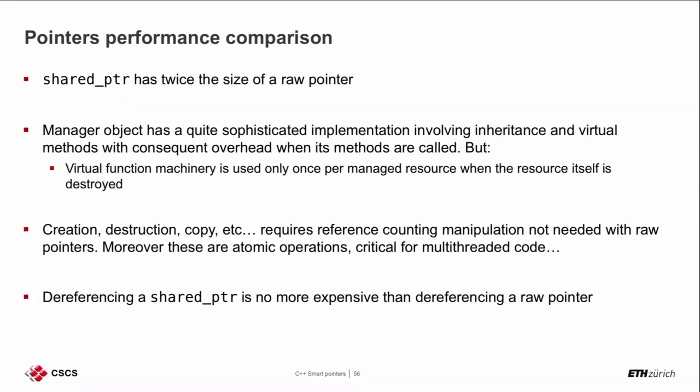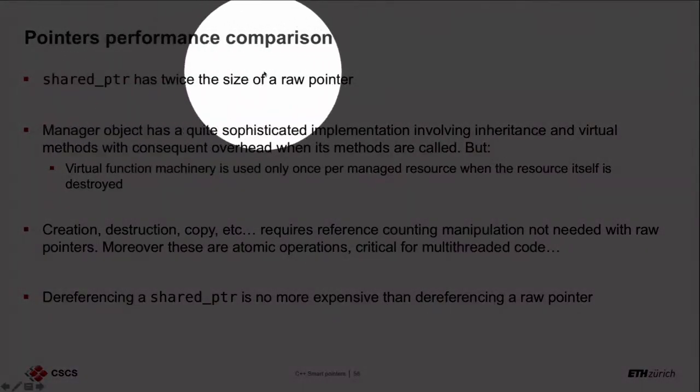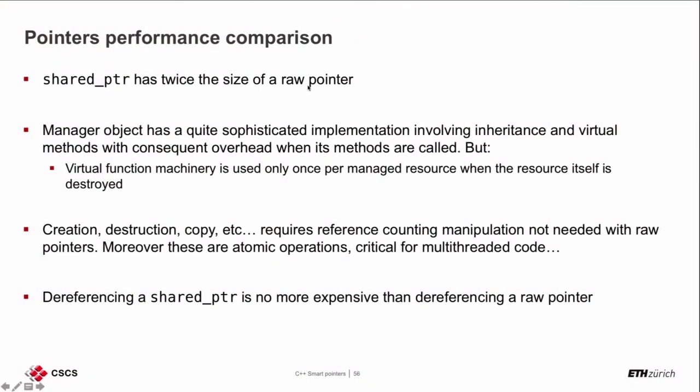But still, of course, this object has twice the size of a standard raw pointer, because you have the memory location on the heap plus the resource manager. This resource manager that I tried to describe with my super easy sketch actually has some complication in terms of virtual function and inheritance.